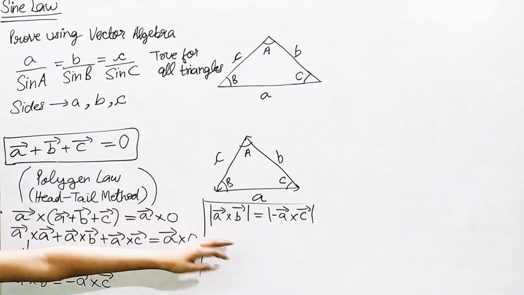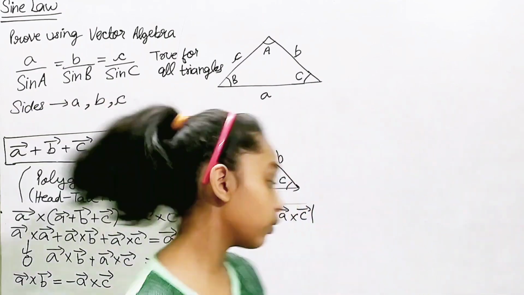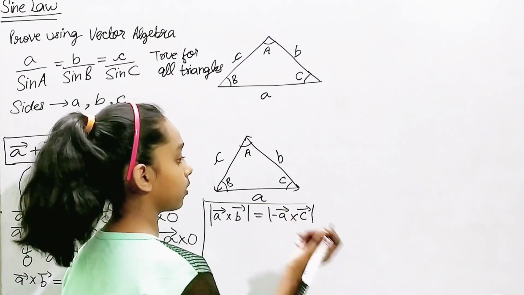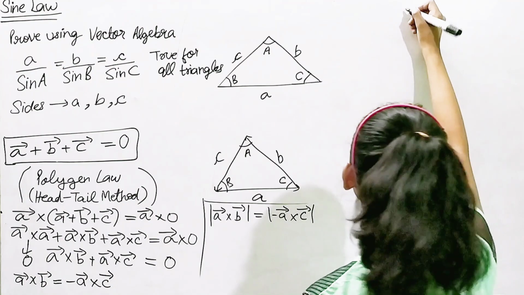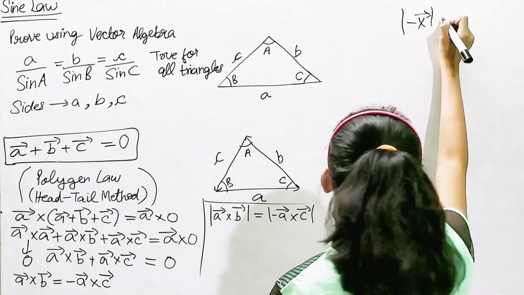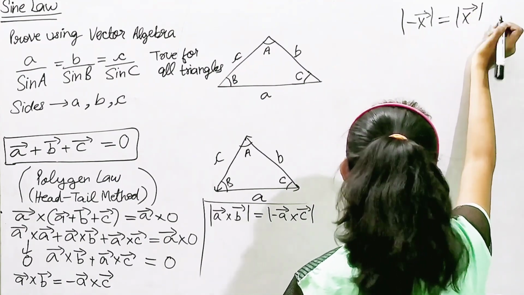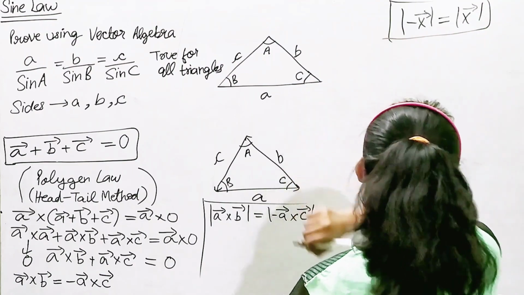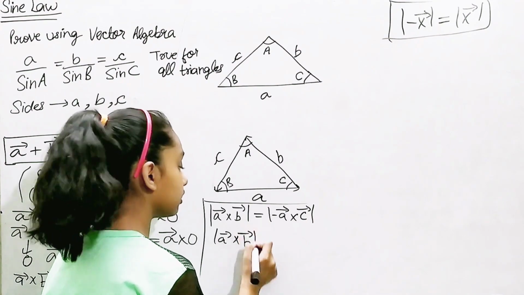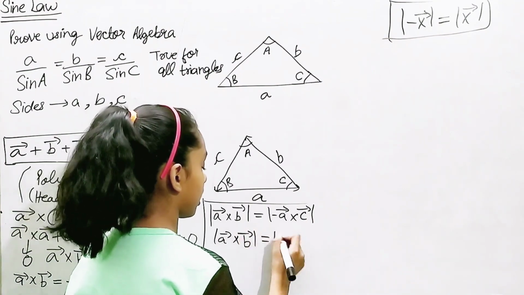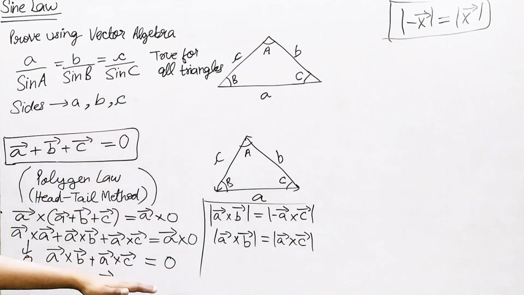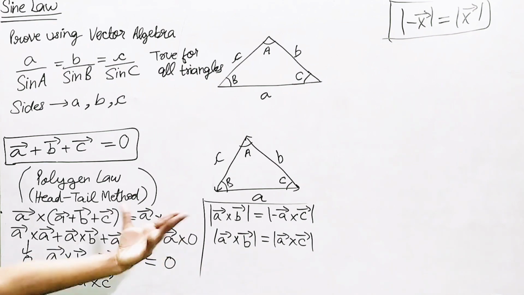So if you're taking any vector and that vector's sign is negative, I'm going to change its sign, so it will be positive. Remember that. Let us take a vector x in mod, so this will be our vector x in positive, okay? Remember it. This is not my final answer, but by continuing it, this will be our answer. See? Is it clear? This will be the next step.